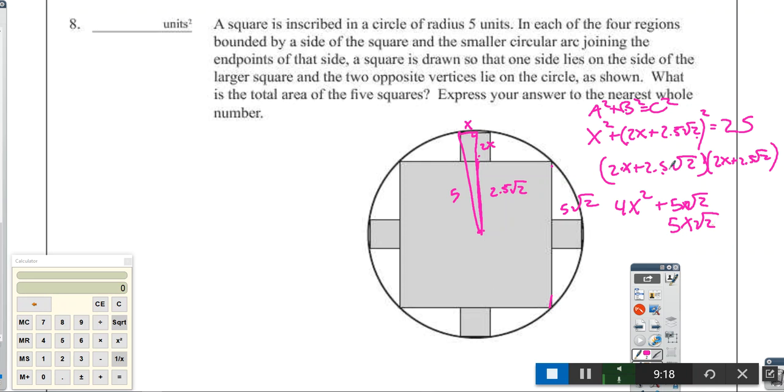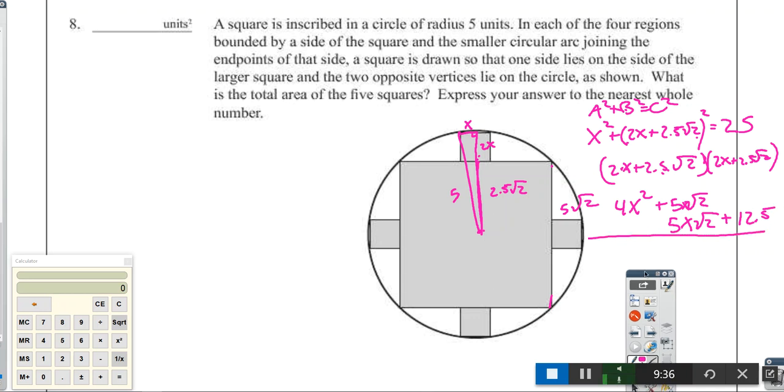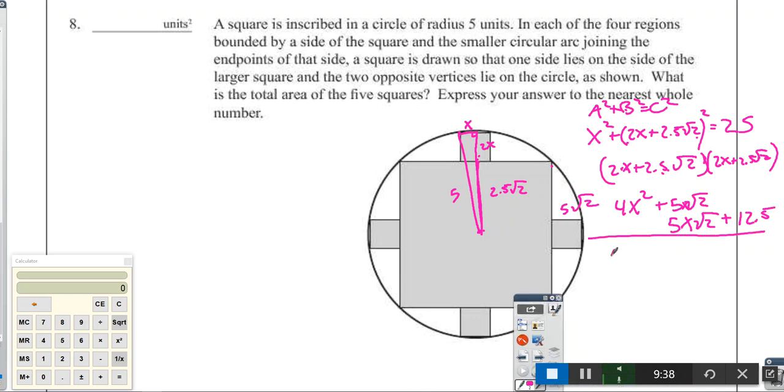And then this times this, root 2 times root 2 is 2. 2.5 times 2.5 is 6.25. 6.25 times 2 is 12.5. So I can add this together and I get 4x squared plus 10x root 2 plus 12.5.